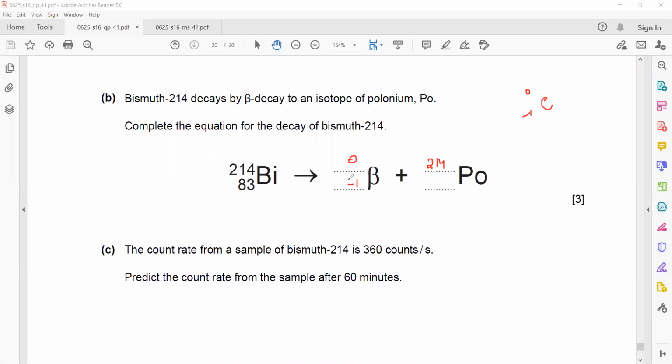What about the atomic number? What should be the number for polonium? Because the total on the left-hand side should be equal to the total on the right-hand side.